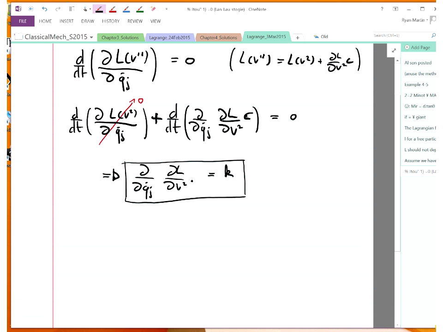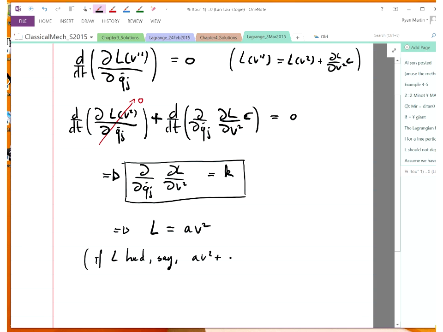If ∂L/∂v² now, and then you do ∂/∂q̇j of that equals a constant, that means L could not have any terms in it that were higher order than v squared. So that means that L equals something times v squared.